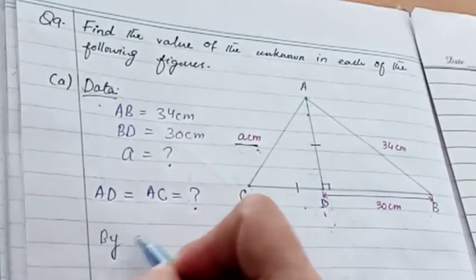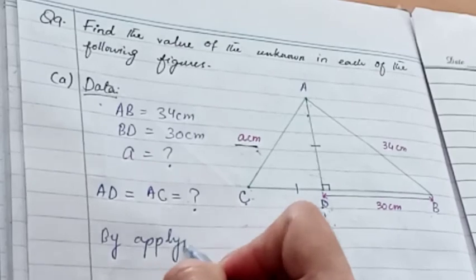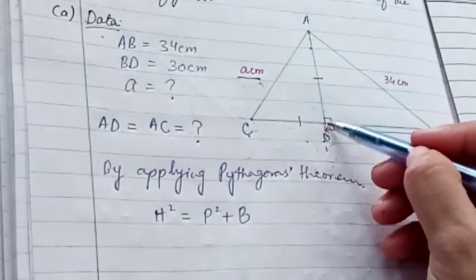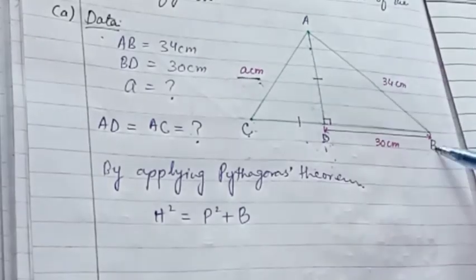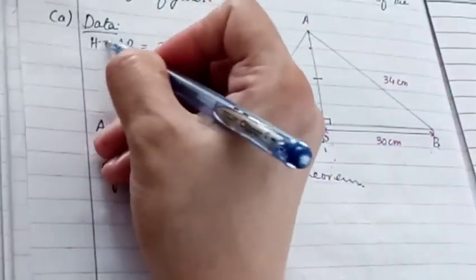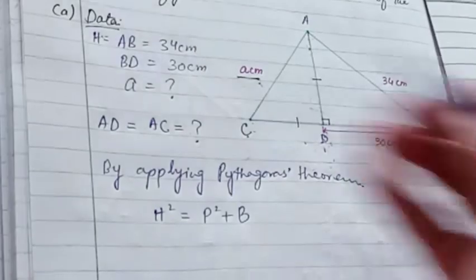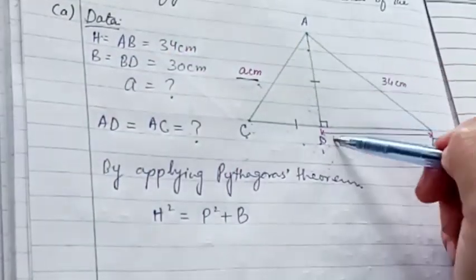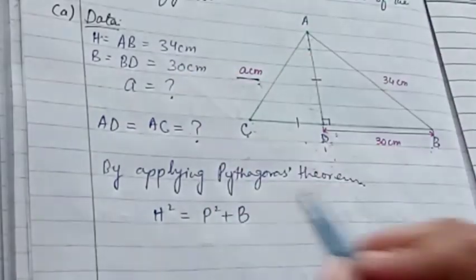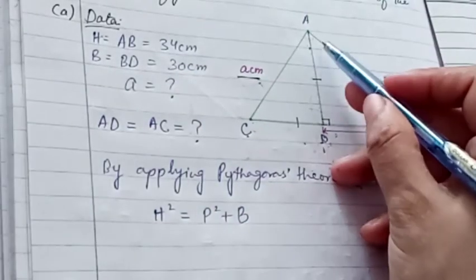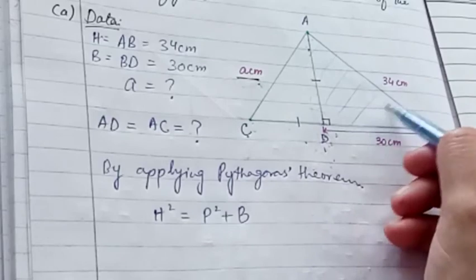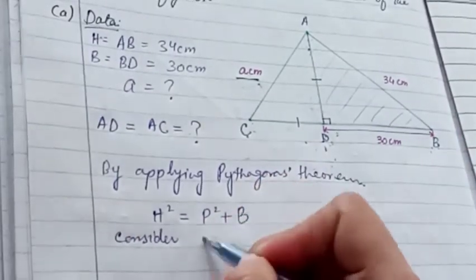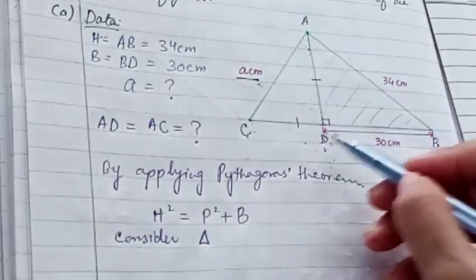by applying the Pythagoras theorem. In this figure, this is the 90-degree angle, so side AB is our hypotenuse and this is our base, and we have to find this AD side, which is the perpendicular for us. So I consider triangle ABD.